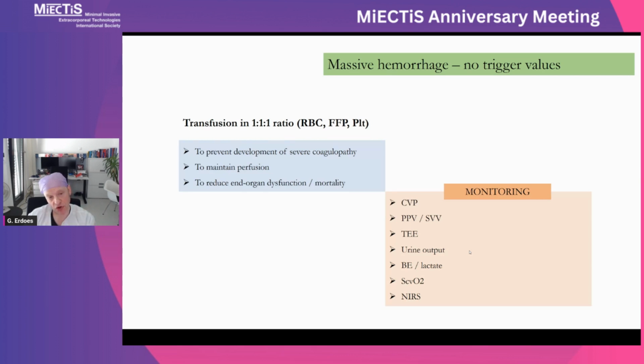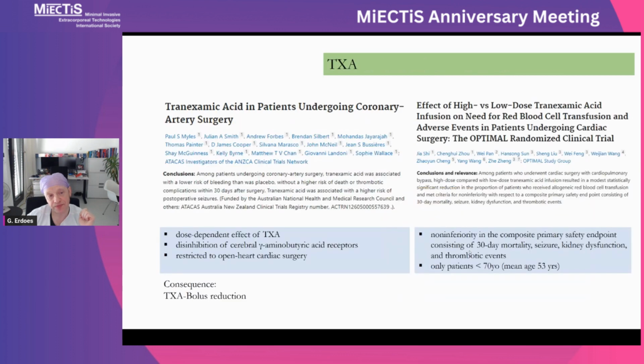So you give normally RBC, FFP, and platelets in a 1:1:1 ratio. And monitoring is difficult, but you could use all the normal monitoring tools you have normally in the OR, the central venous pressure, the transesophageal echo, urine output, and so on.